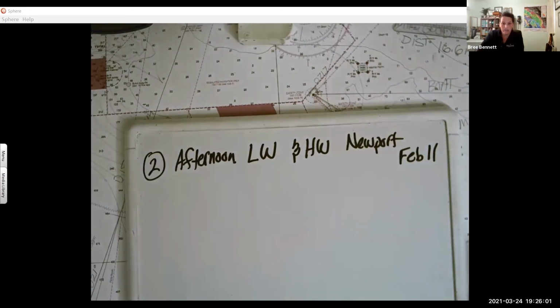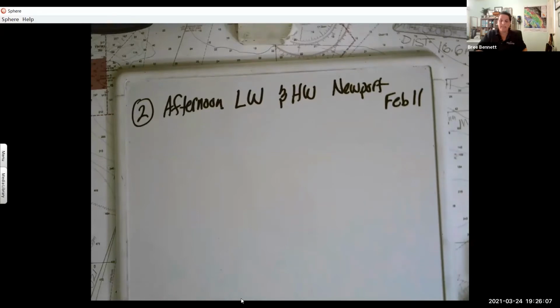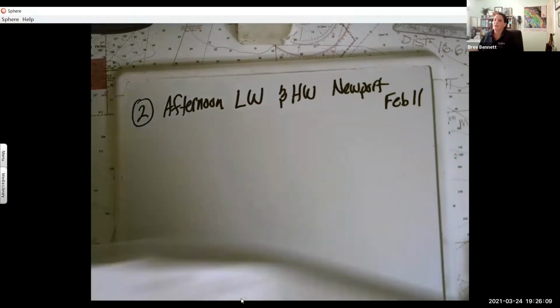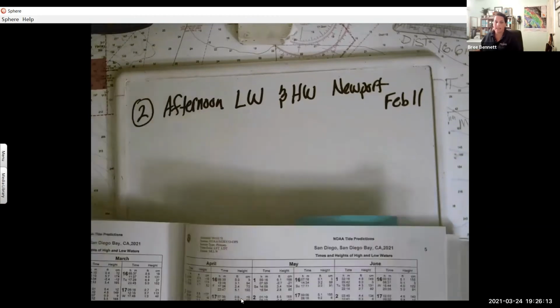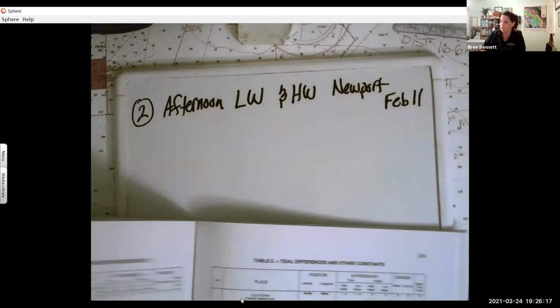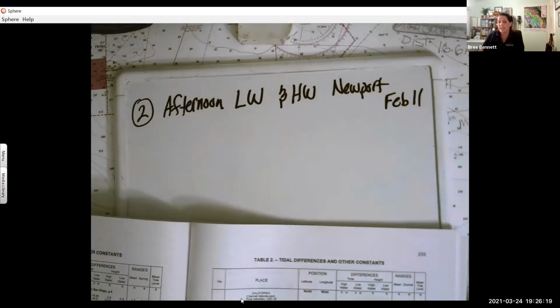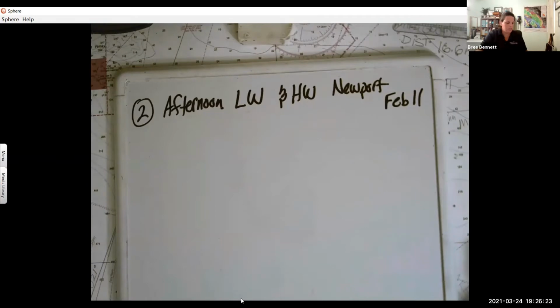So Newport is not a reference station. We have San Diego and LA. So we need to go to table 2 to find the differences at Newport. So everyone go to table 2 and find Newport Bay entrance.